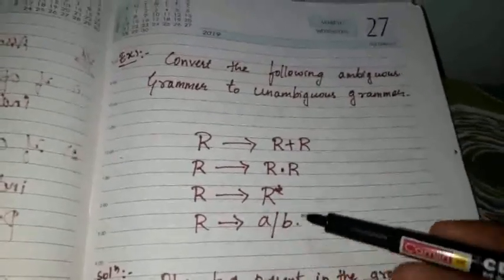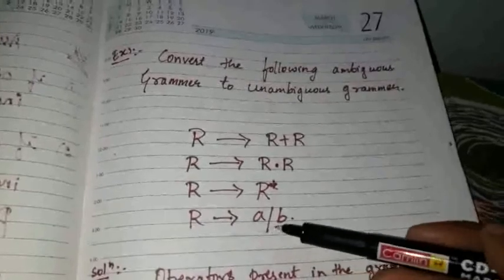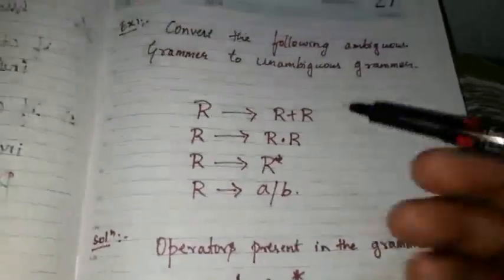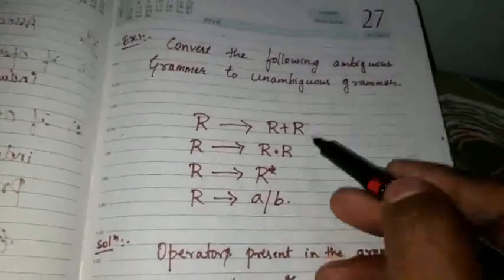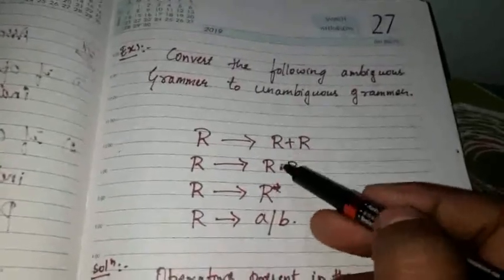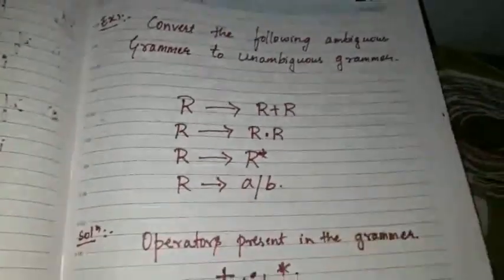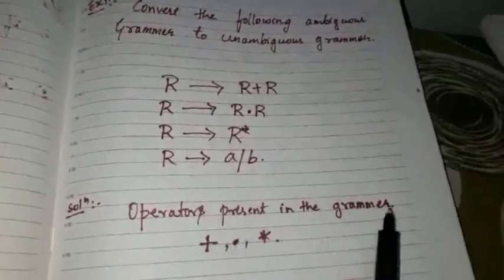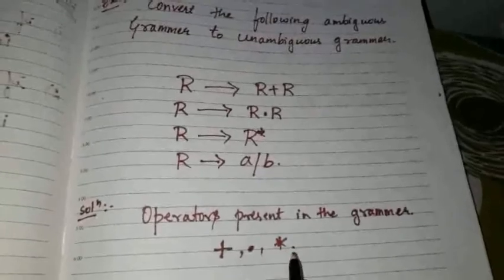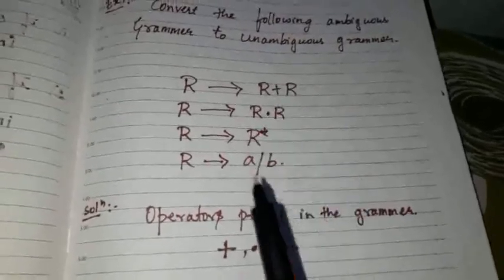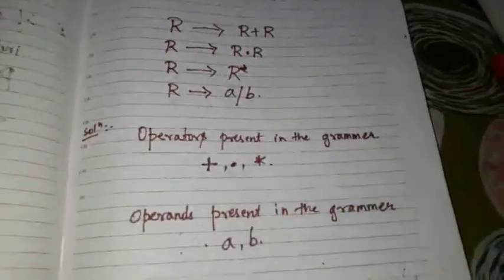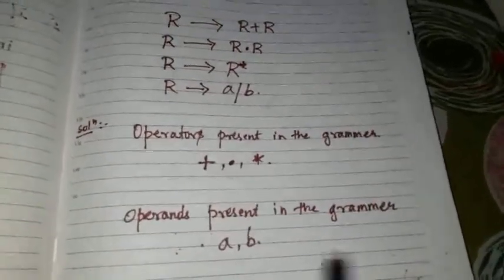And the alphabets we are taking here are either A or B. Now in the given grammar we have to identify the operators given. What are the operators? Plus, dot and star are the operators given. So with this we have to identify the operands given in the grammar. What are the operands given? A and B are the operands given.